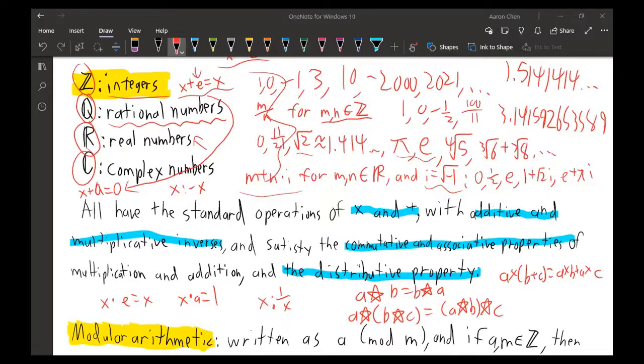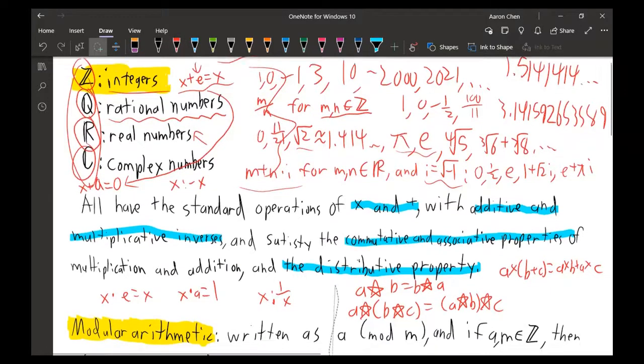You can see the special notation that normally gets used here.